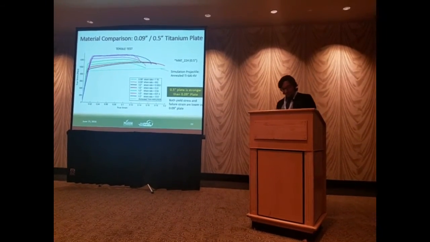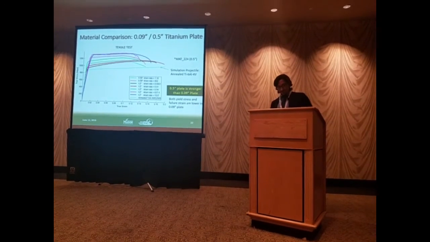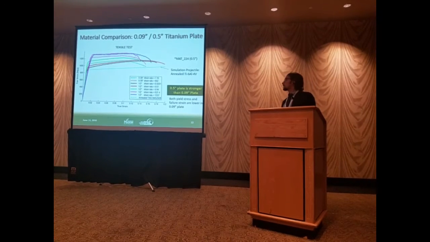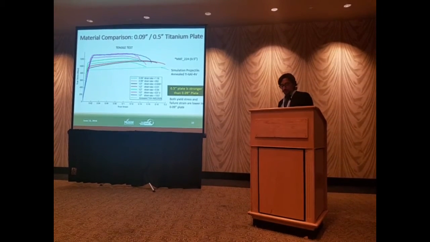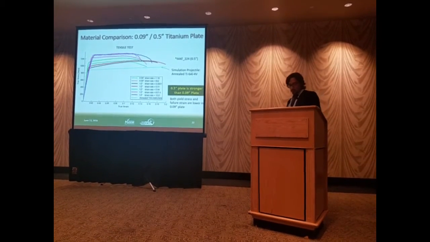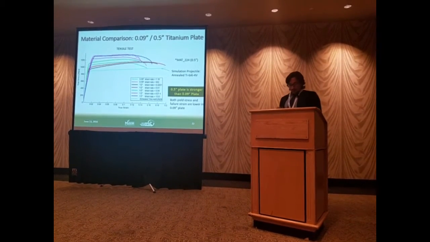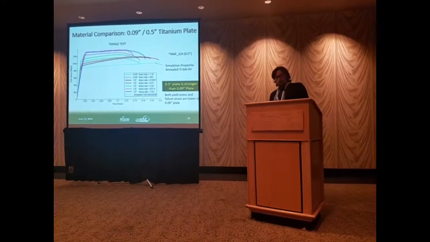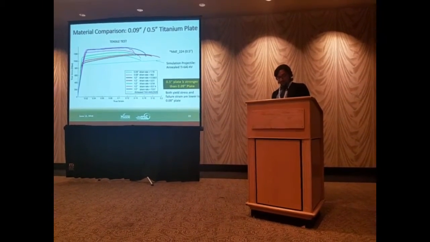So once again, I want to say that the material model based on the 0.5-inch plate is stronger than the 0.09-inch plate. So based purely on that, we would expect the predicted ballistic limit to be also higher than the test.